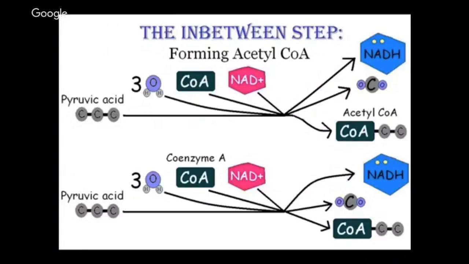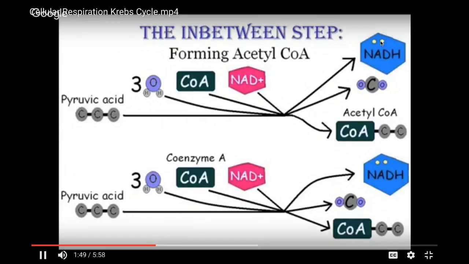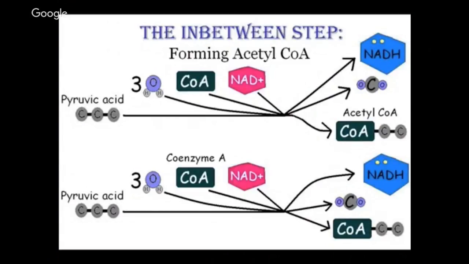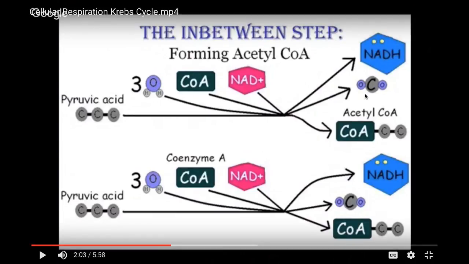It'll come together with those, and as you can see, it produces 3 outputs. We have NADH with those 2 little circles. Remember, those 2 little circles are electrons. And we are left with carbon dioxide as a byproduct, and also we are left with the coenzyme A with 2 carbons, because one of these carbons was used to form that CO2. So carbon dioxide is released right here as well.